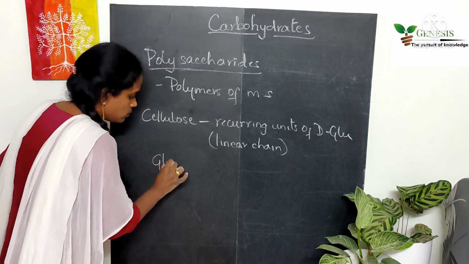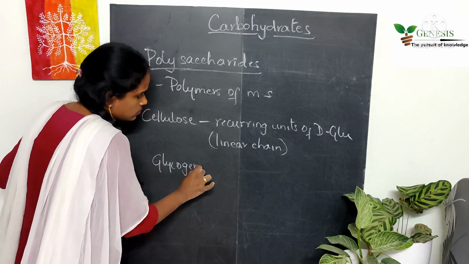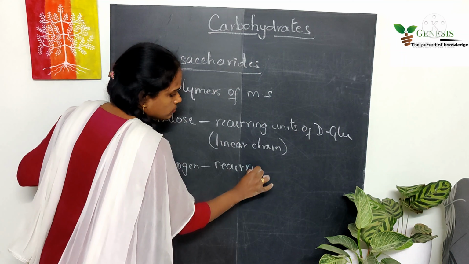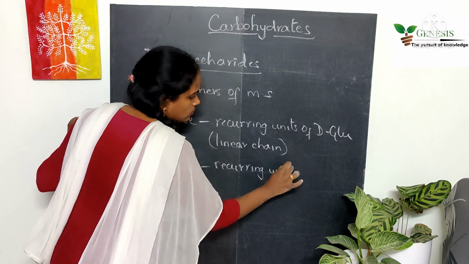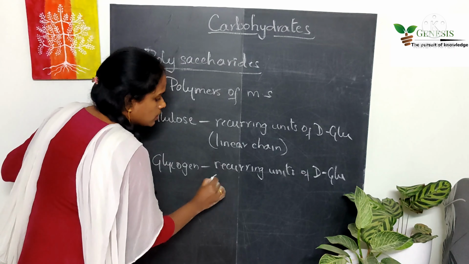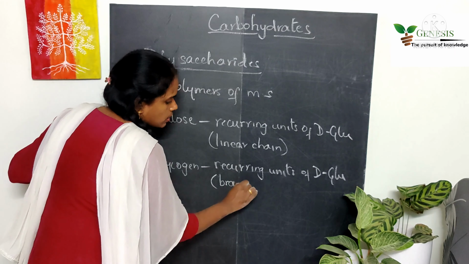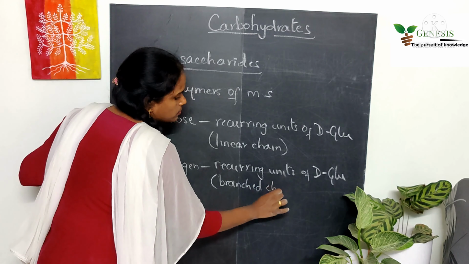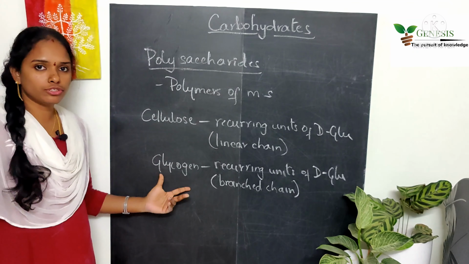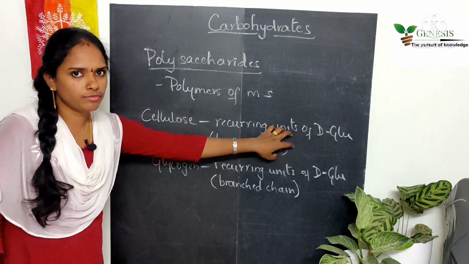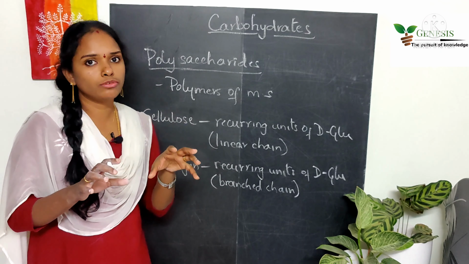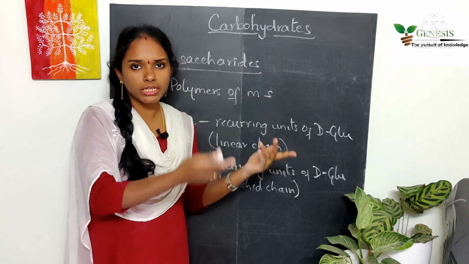And glycogen also contains the recurring units of D-glucose, but here it is in the form of a branched chain. So both compounds, cellulose and glycogen, contain the same kind of molecules. The recurring units of D-glucose means the same D-glucose molecule is repeated many times.